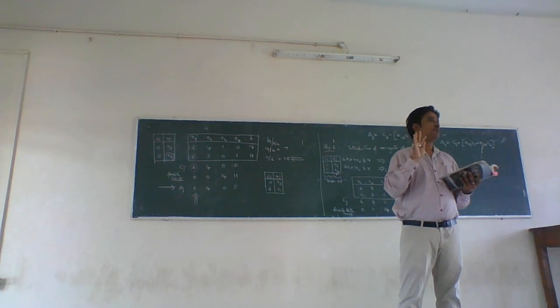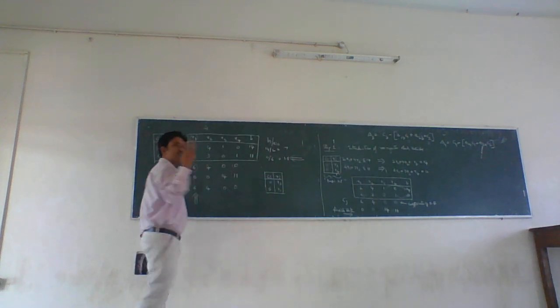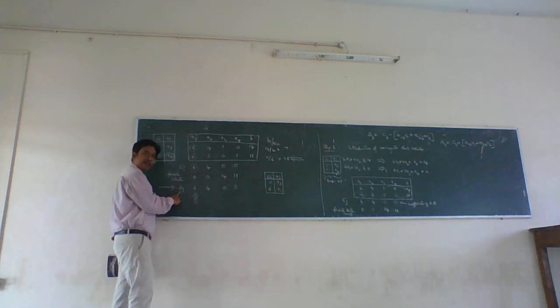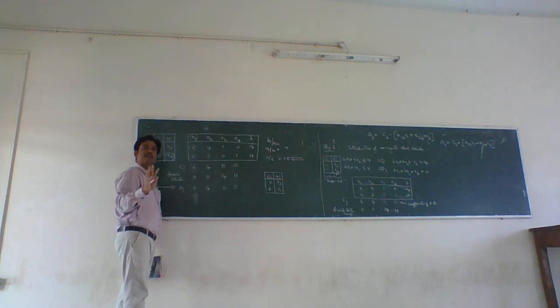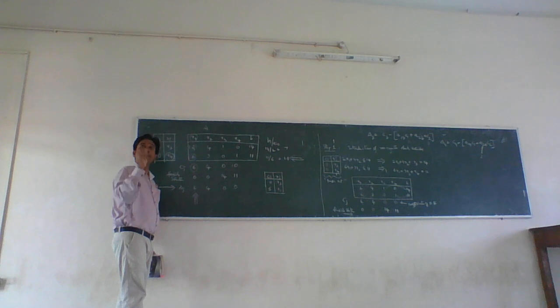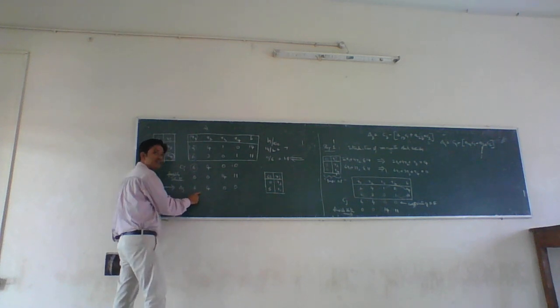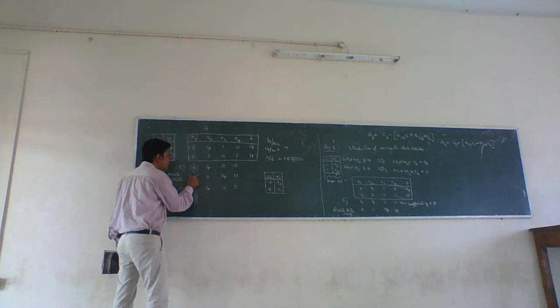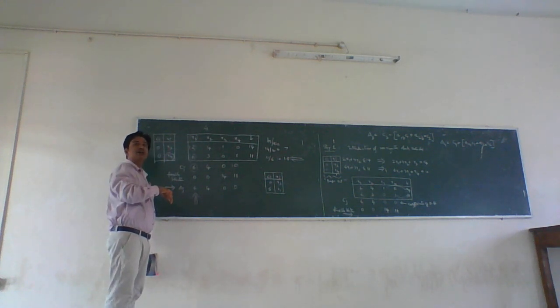Step number 4, again I am repeating how to find it. See, already from step number 3 you have calculated delta j. Write those delta j values. Then pick out the maximum delta j value among them. That maximum will enter into the solution, with some variable already in the solution leaving.